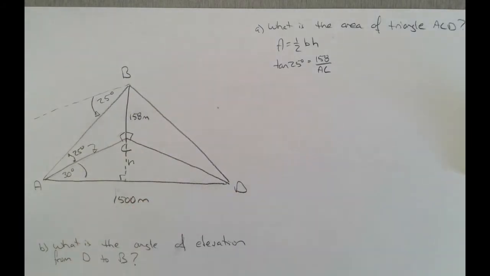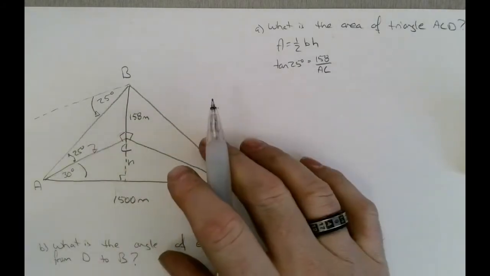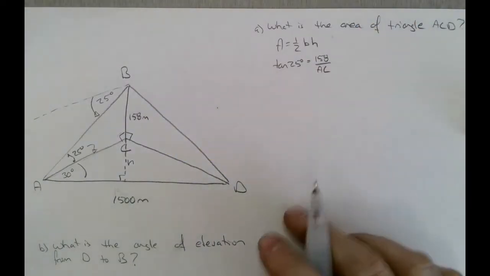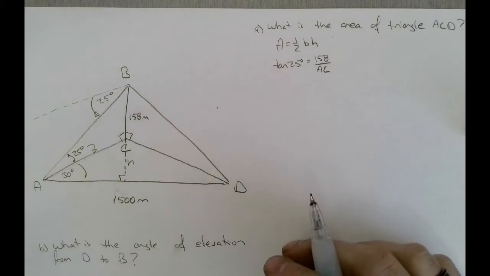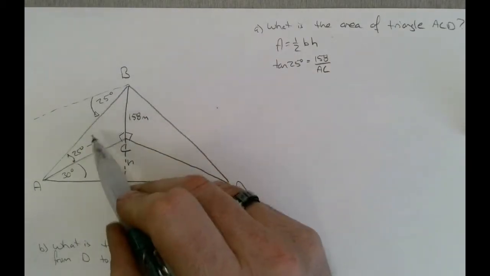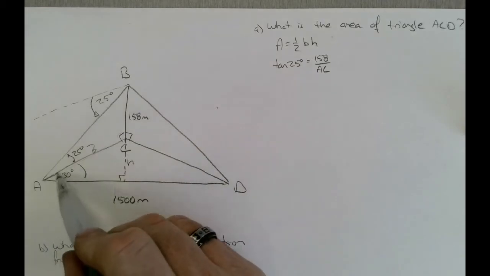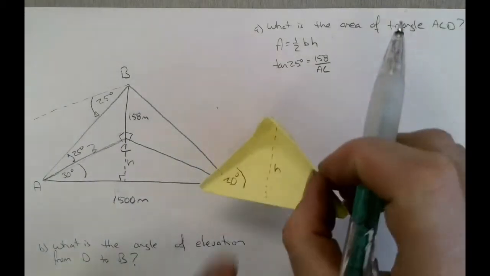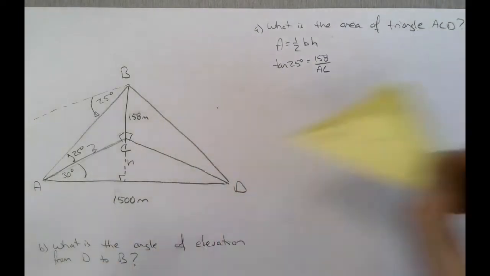Turns out that is the only triangle in this model where I have 3 bits of information, that's the minimum that I need to be able to do any kind of work. So I have to figure out what I can grab from this triangle and use over here. And this side here is going to be common. It's going to be shared between them. That's going to be that baseline right there.